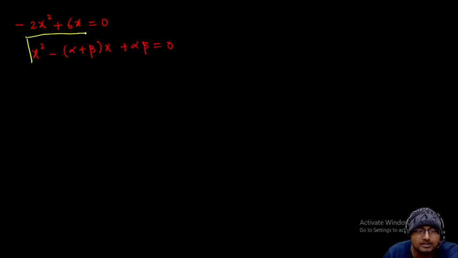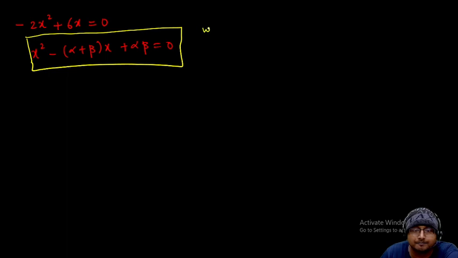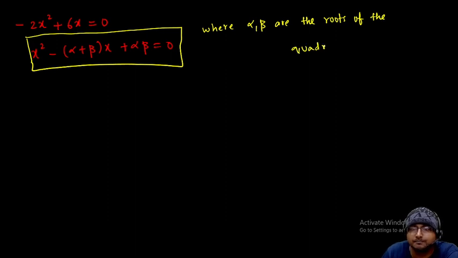So this is the standard form in the factorization method, where alpha, beta are the roots of the quadratic equation.